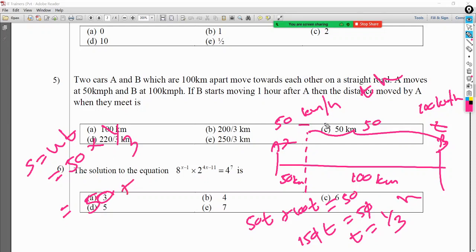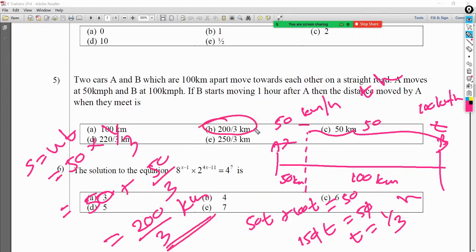50 plus, and this is after 1 hour, 50 divided by 3. So the total distance A has traveled is 50 into 3 is 150, 200 divided by 3 kilometers. Yeah, 200 divided by 3, because what the question asks is the distance moved by A when they meet.